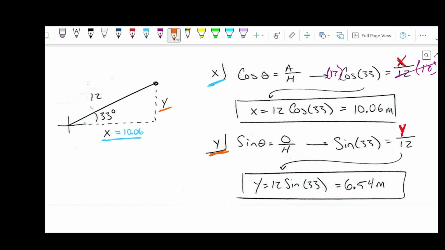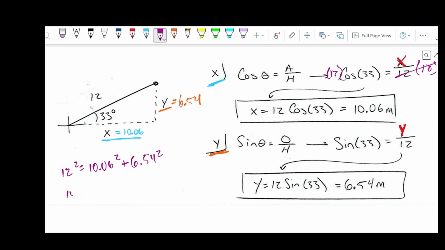All right, cool. So now I solve that. I now know that this is 6.54. 6.54 fits because it's smaller than 12. And those are our answers, guys. If you want some sort of reverse proof, you can always just say, remember, x squared plus y squared equals 12 squared. So 12 squared equals 10.06 squared plus 6.54 squared.